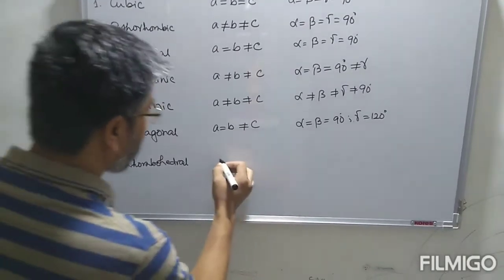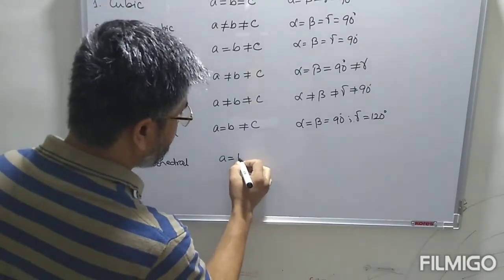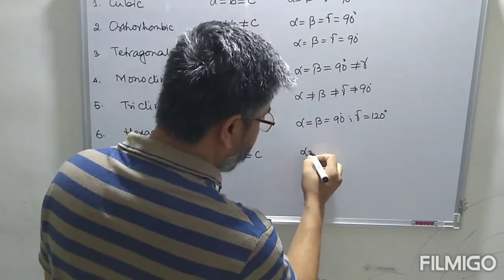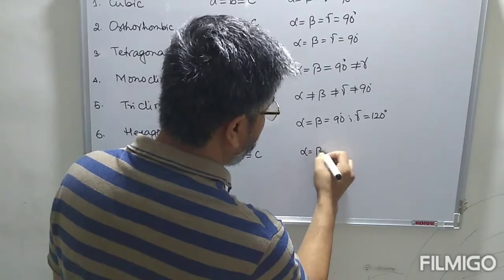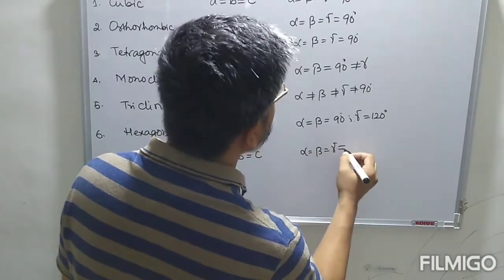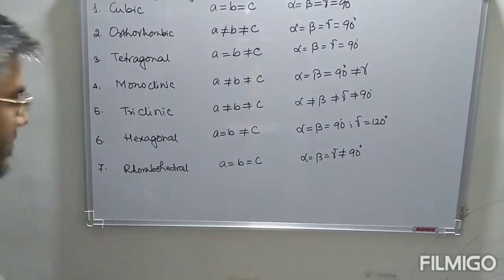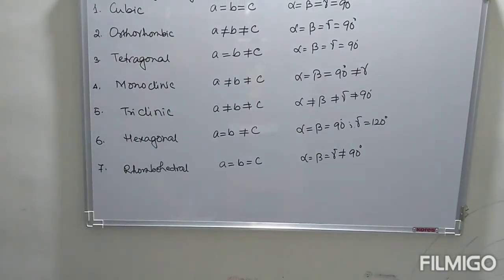Rhombohedral: A equals B equals C, and the angles between the edges are the same but not equal to 90 degrees. These are the 7 possible crystal systems.